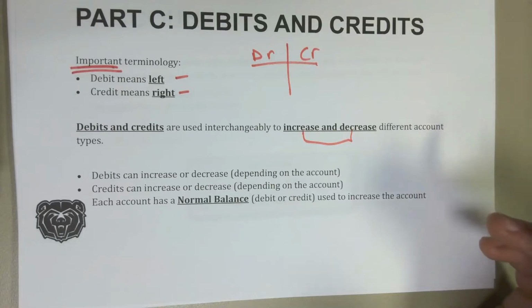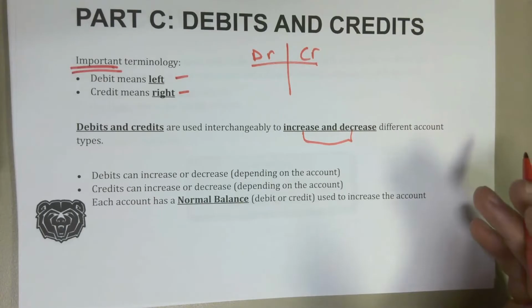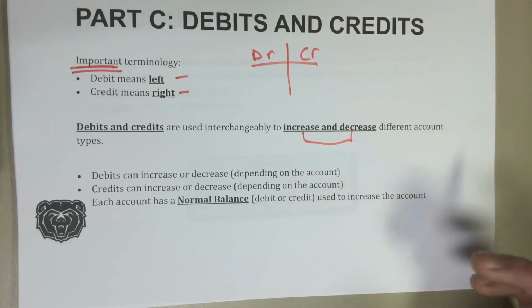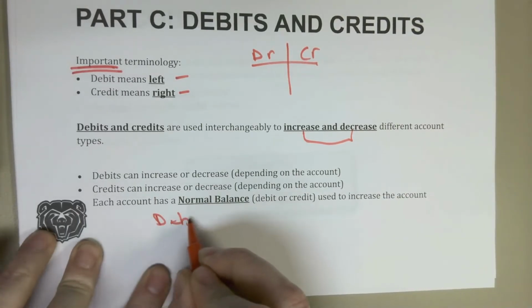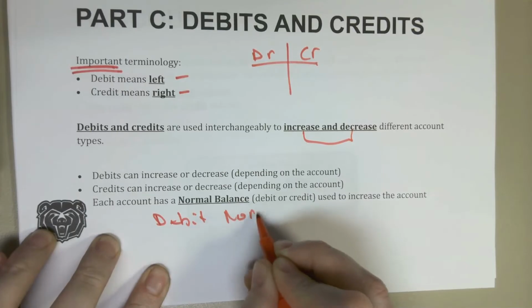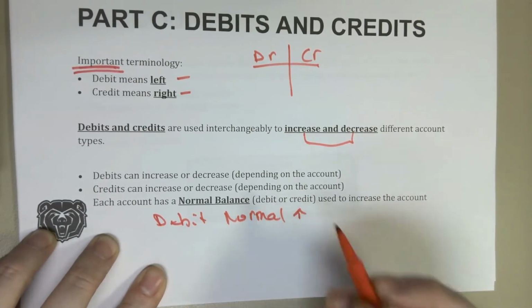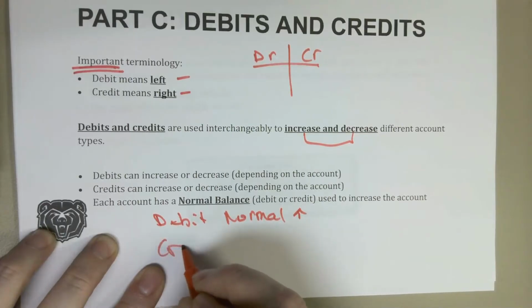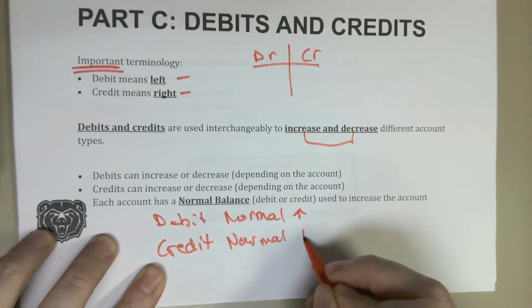Each account has what we refer to as its normal balance. That just means if it uses a debit to increase the amount of the account, then we call it a debit normal account. If it has a credit to increase the account, we call it a credit normal account.